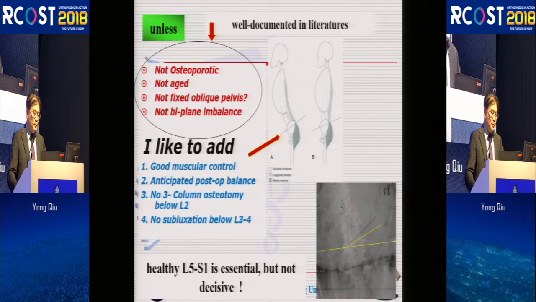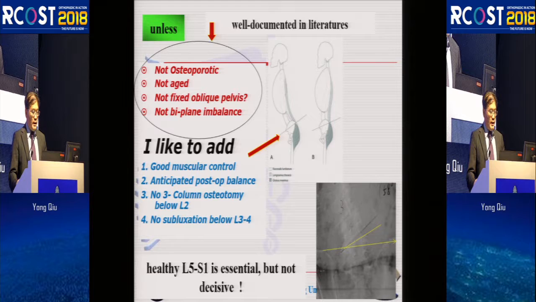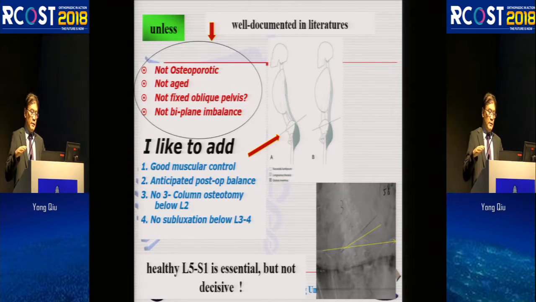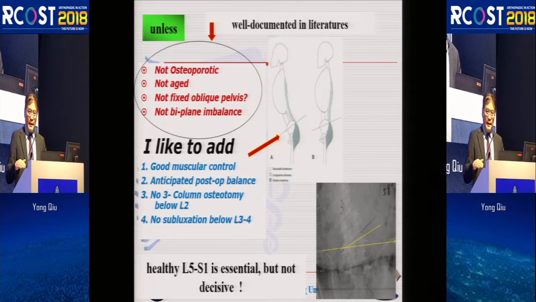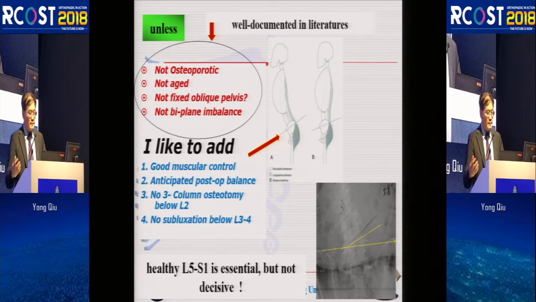And if you anticipate your surgery is able to restore the balance in the sagittal plane and in the coronal plane, and there is no 3-column osteotomy below L2. That means if you do a 3-column osteotomy at L2, L3, L4, I don't stop at L5; I stop at the pelvis.